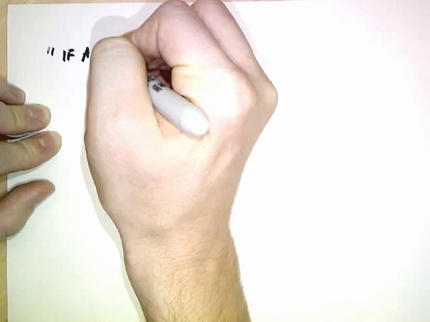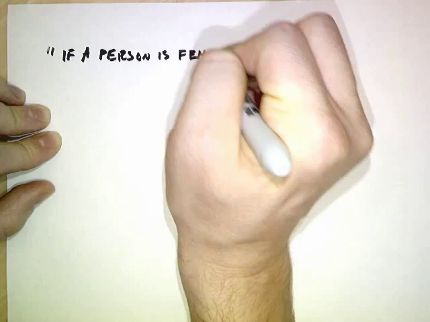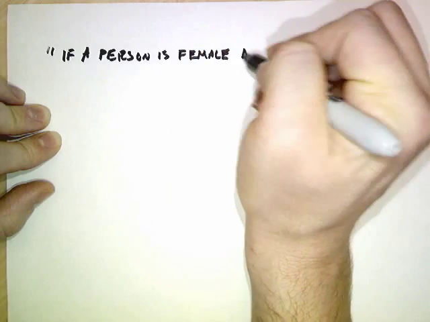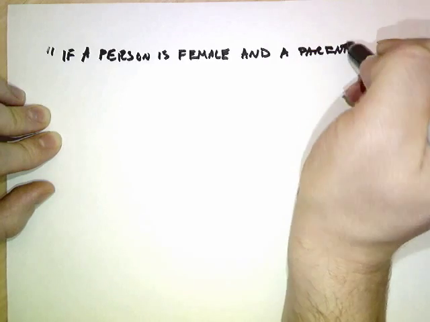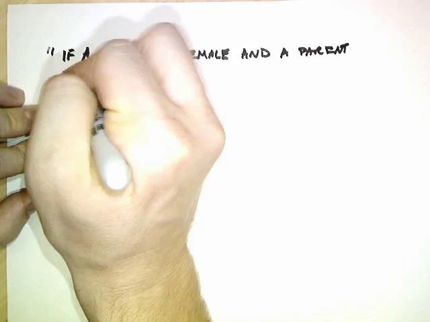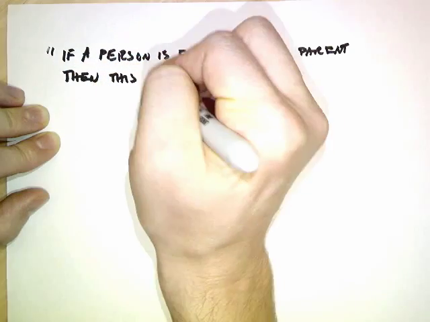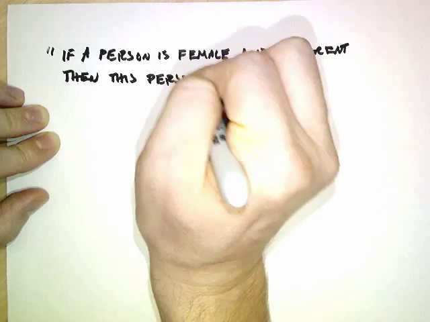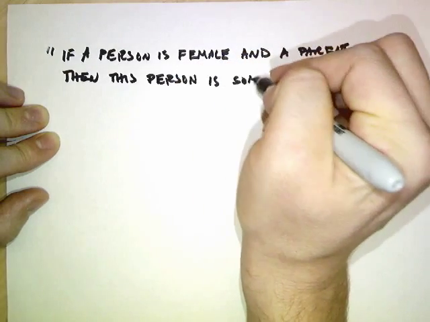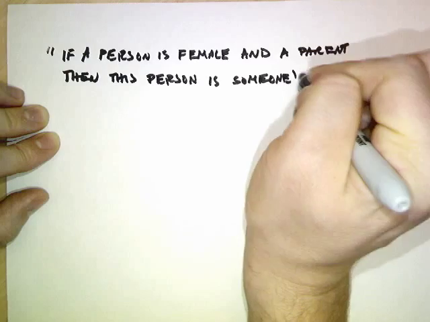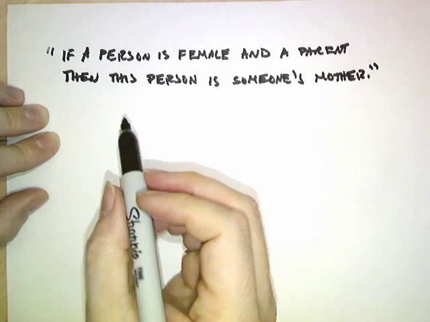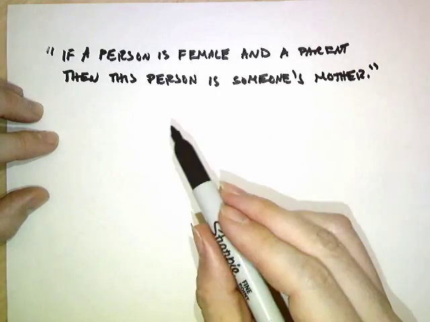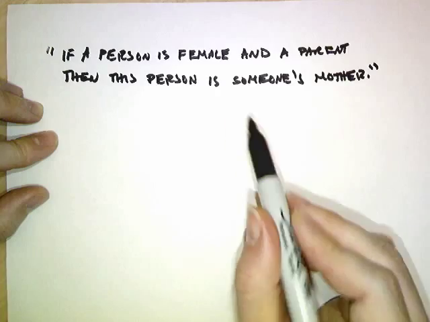If a person is female and a parent, then this person is someone's mother. Okay, it's a slightly complicated sentence. Sometimes it helps to build things from the ground up.